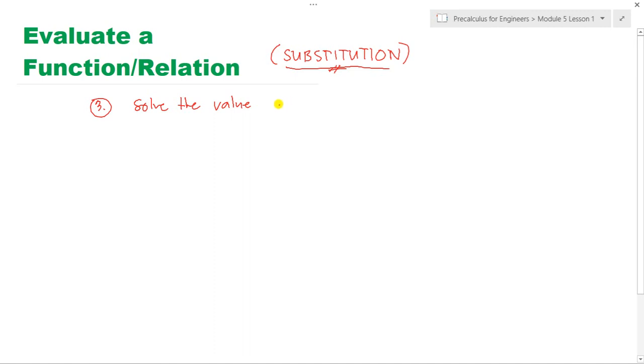So this time we are going to solve the value of our domain x if the value of our dependent variable f of x is equal to 0. So what is this f of x? That represents our y. Given that we have a function y is equal to negative 2x plus 10.